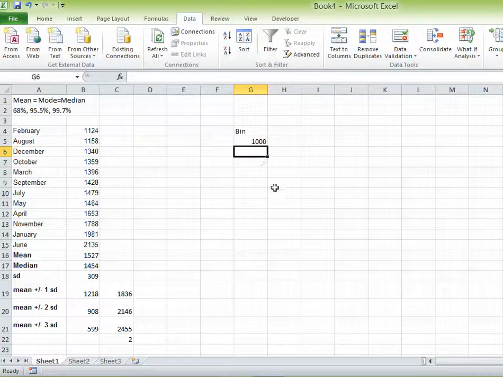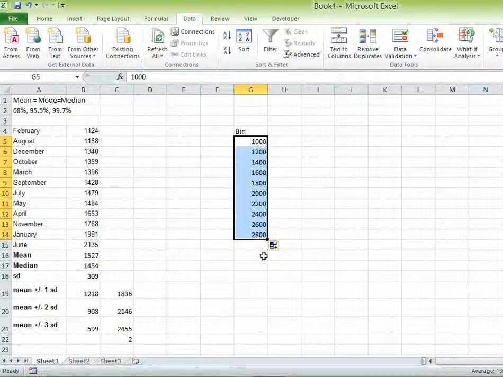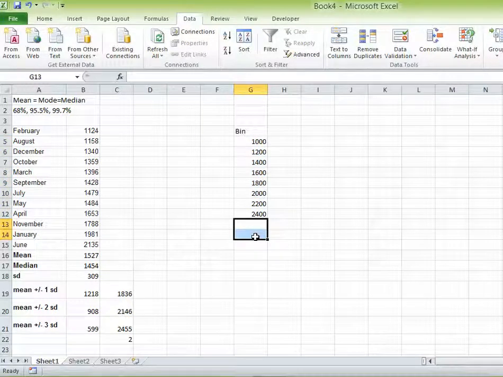So I'm going to type 1200 here. This is called autofill. If you show it how you want to be adding each time going down, you highlight the 2 and then use that little corner guy, and he continues your addition. Okay, so I'm going from 1000, which will certainly cover this bottom end. I want to go up to about 2400 to be sure I cover that one. So I'll delete those 2.